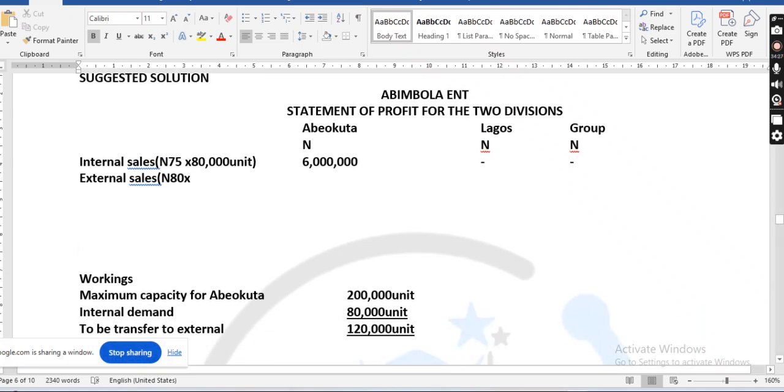So that is what's left, right? 120. Can only sell 120 to external. So what do you have? Figure. 9,600,000.